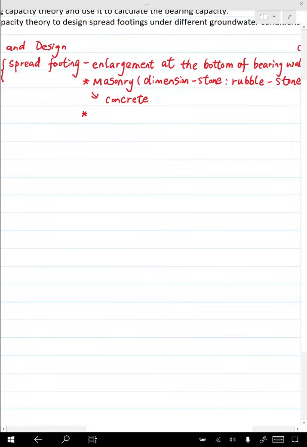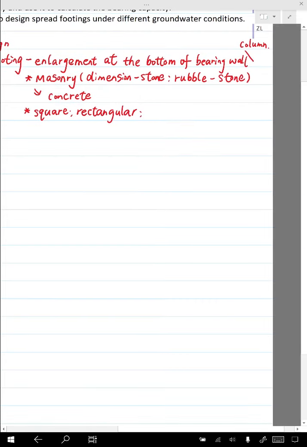And we can have different shapes of enlargement, such as square and rectangular, circular, and we can also have something called continuous, for which I will explain more. And of course, we can combine these different basic shapes to make something that's more complicated.